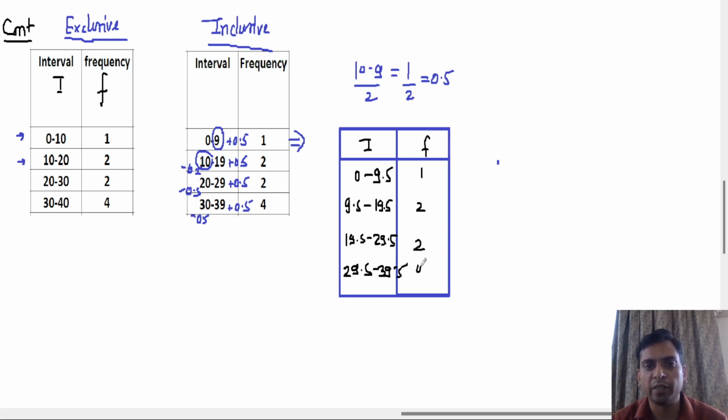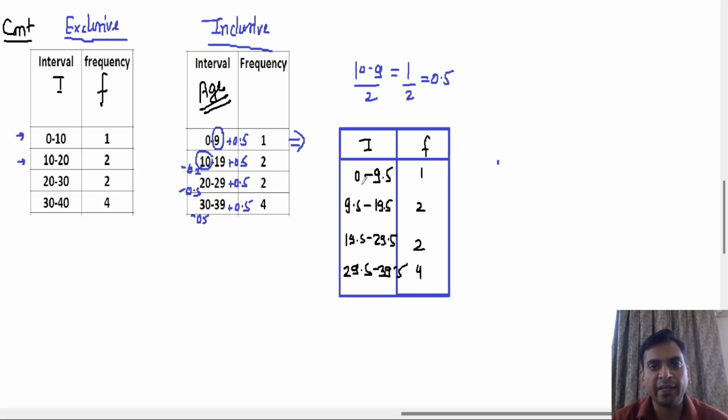And one more important thing, will we subtract from this 0 or not? From this 0, will we subtract this 0.5 or not? So this depends on the factor you are taking here. If you are taking a factor like age, age may not be negative.